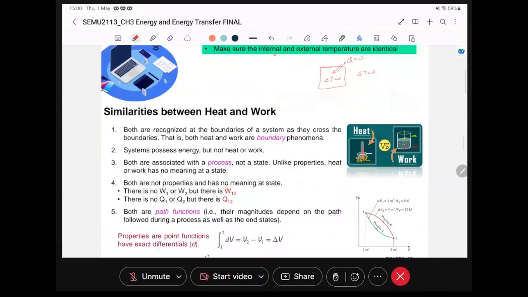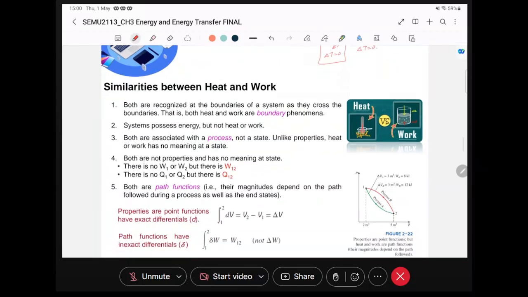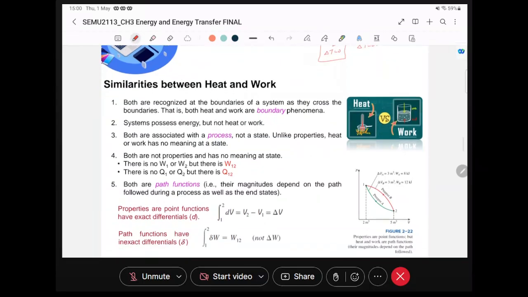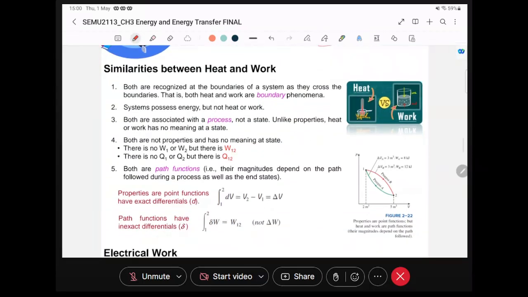And what are the similarities of heat and work? First of all, heat and work are associated with a process. It is not a state.